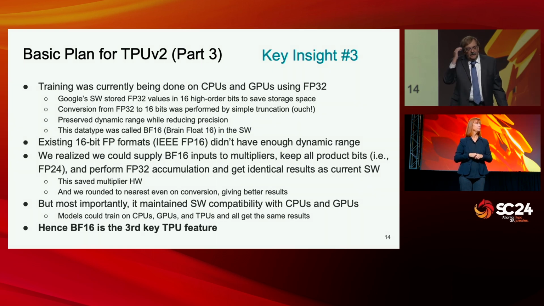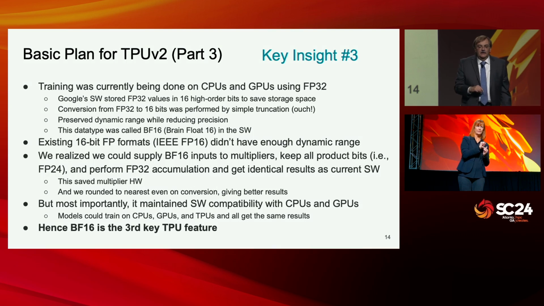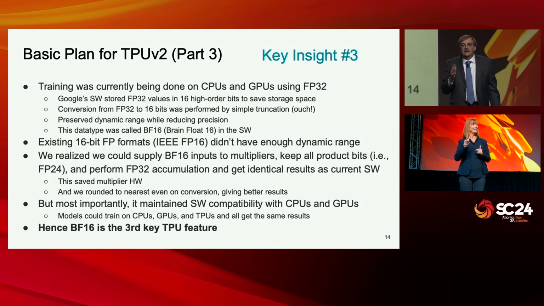Now this is a bit of a fib here, because we all know that floating point addition isn't associative, and sometimes different compilers would arrange the arithmetic in different orders, and we'd get different results, but it's only on the small, lower bits. So hence, BF16 was the third key TPU feature to get it up and running fast.